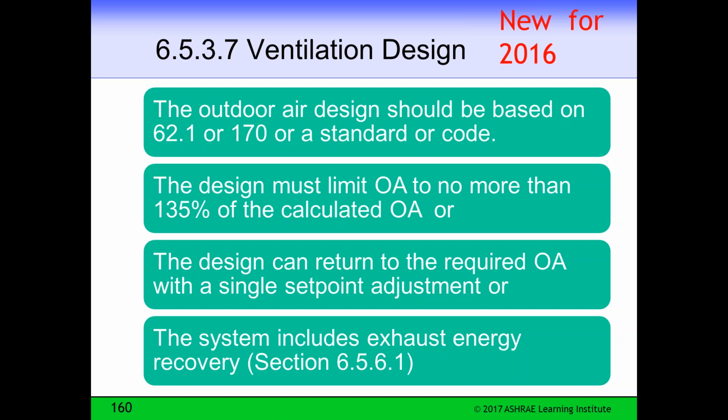Or you can go ahead and put more air in, but you have to have a single button that can be pushed to say, we're not meeting our requirement, we're using a lot of extra energy, our demand is very high. Push one button and reset that outside air back down to the minimum required.